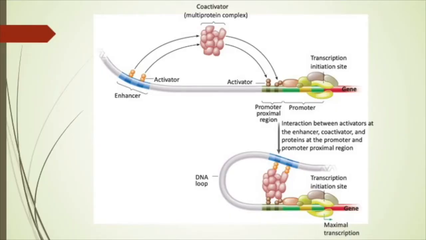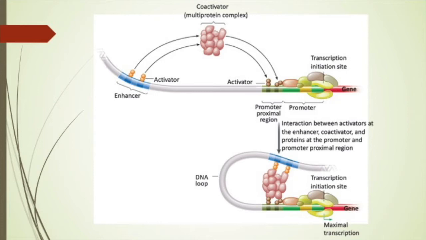A large coactivator forms a bridge between the activators at the enhancer and proteins at the promoter and the promoter proximal region, causing the DNA to form a loop. Remember that from the previous slide. So that's this next slide. So the enhancer comes through.